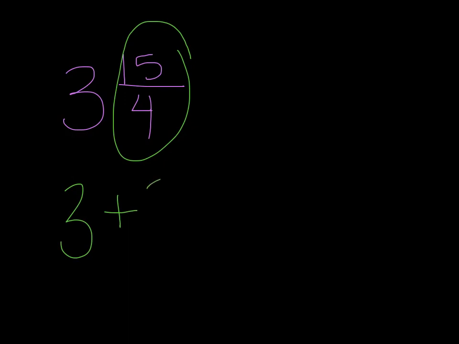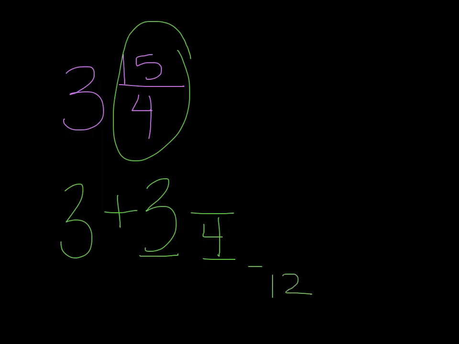So we're going to write 3 and something because it's 3 with something. We got to figure out what the fraction is. So we're going to keep our 4 the same at the bottom. So now we need to figure out what number is going to go on the top. So we're going to use these two numbers to multiply. So 3 times 4 is 12. But don't forget that last step, guys.